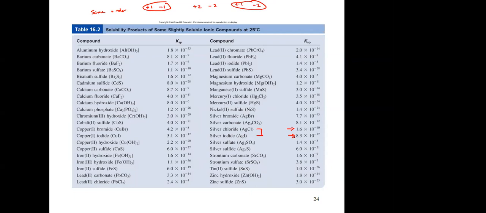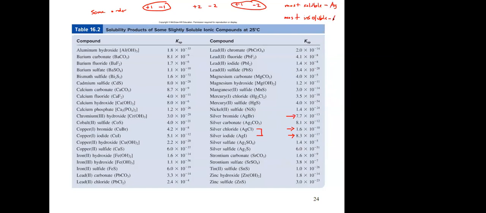So my question now, if I'm going to compare this silver bromide, silver chloride, and silver iodide, which is the most soluble? And which is the most insoluble? How are you going to answer that? Silver chloride should be more soluble. So which is the most soluble?